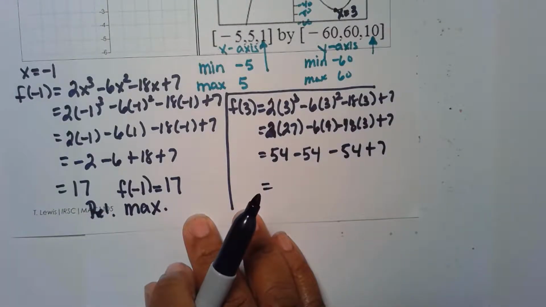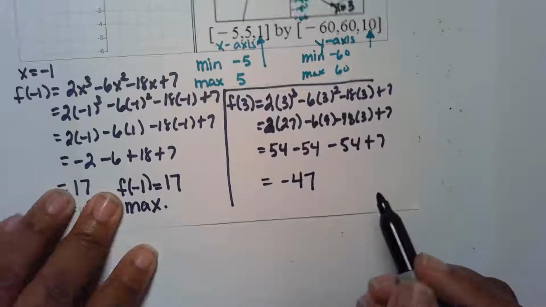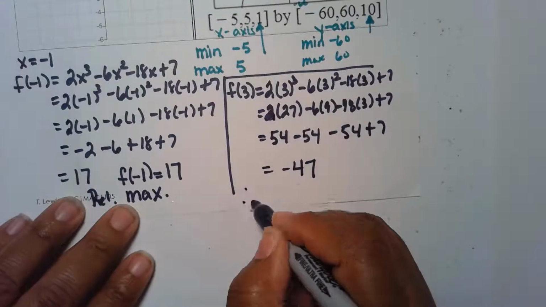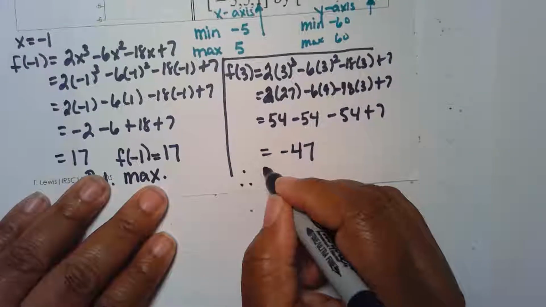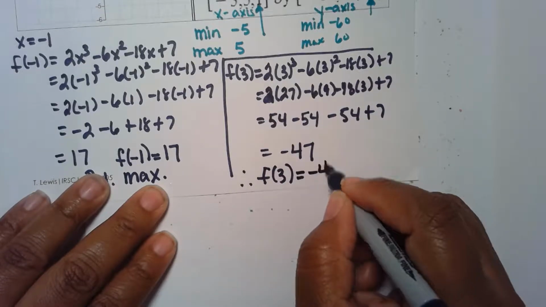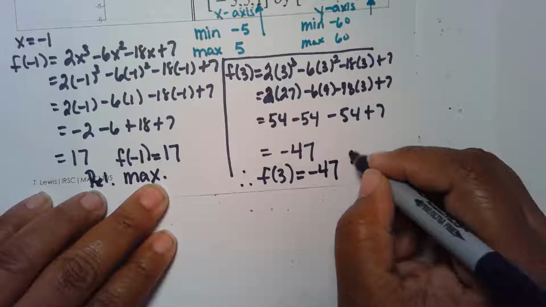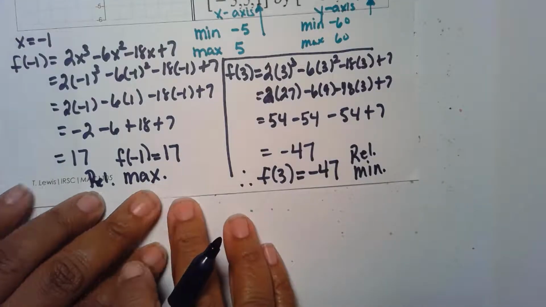And then that would give us -47. Therefore, our relative min at 3 is -47. There we go.